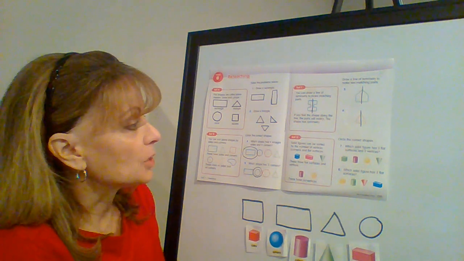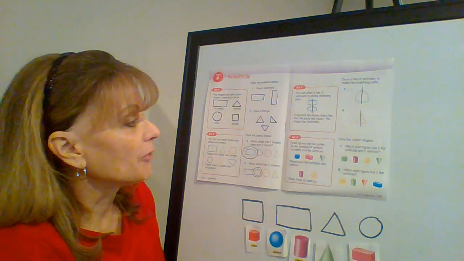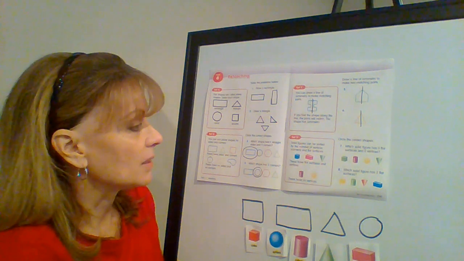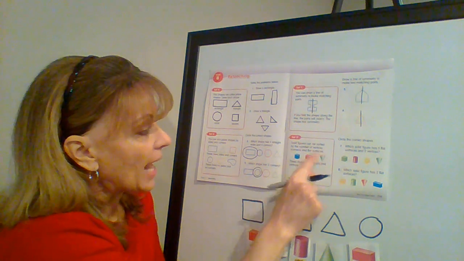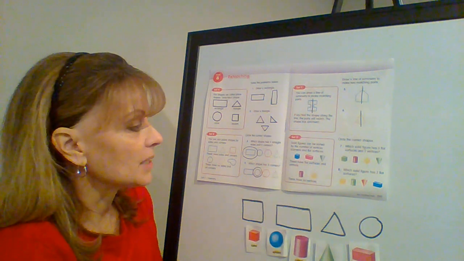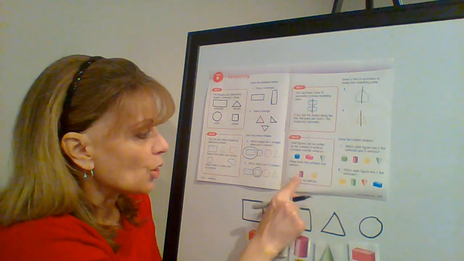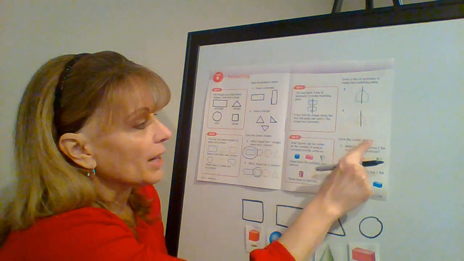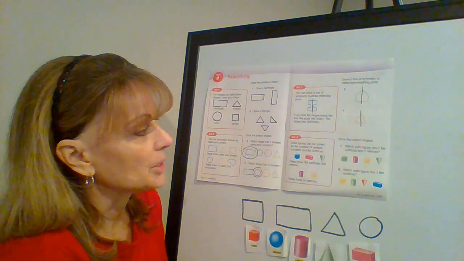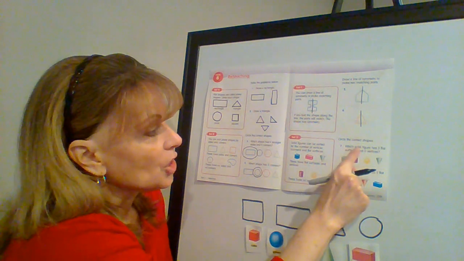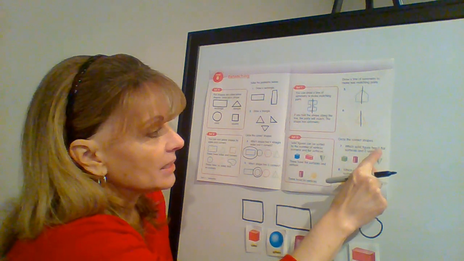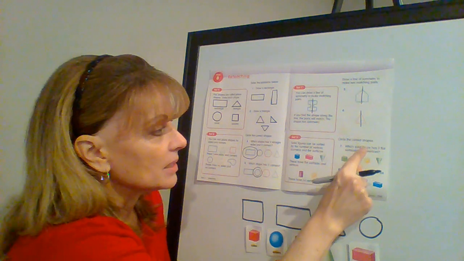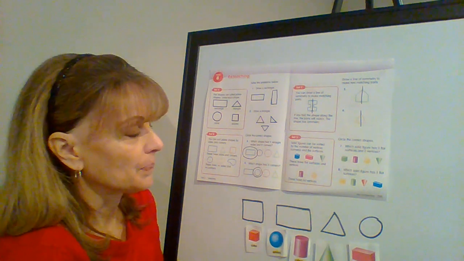Solid figures can be sorted by the number of vertices, corners, and flat surfaces. These have flat surfaces and vertices. These have no vertices. So it says, circle the correct shapes. Number 7, which solid figure has 0 flat surfaces and 0 vertices?